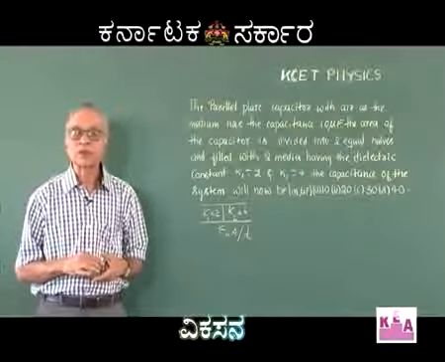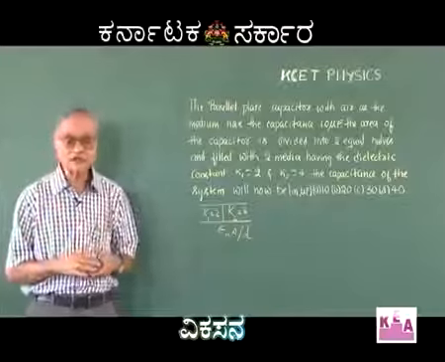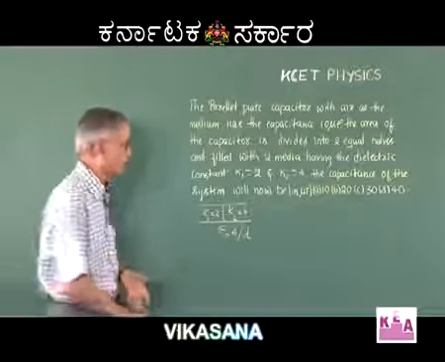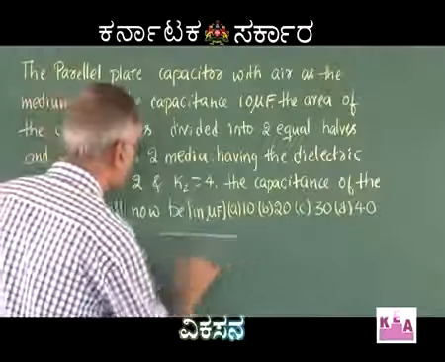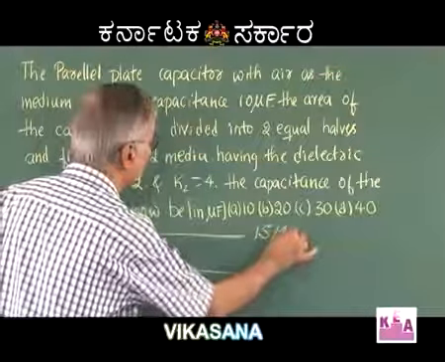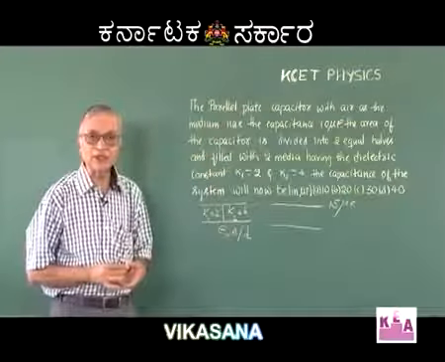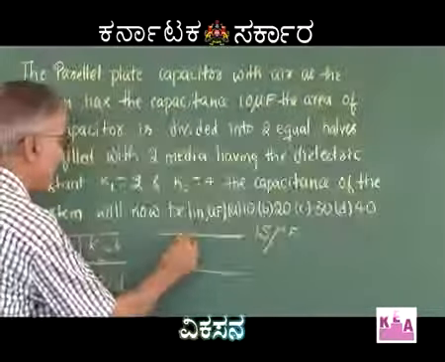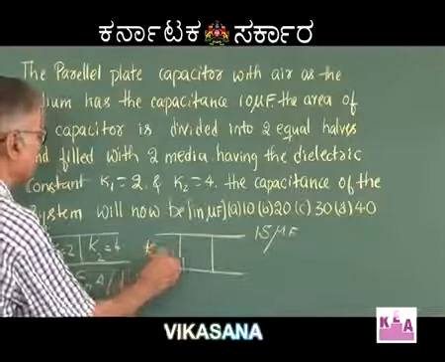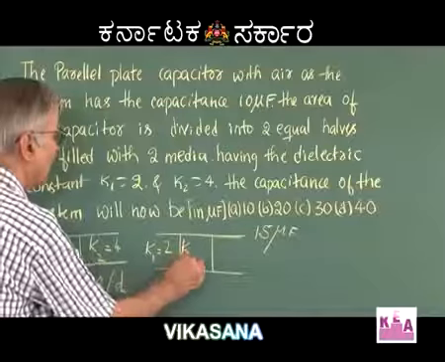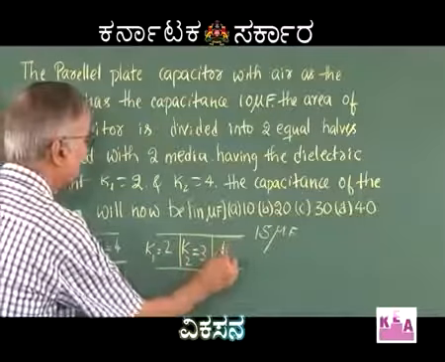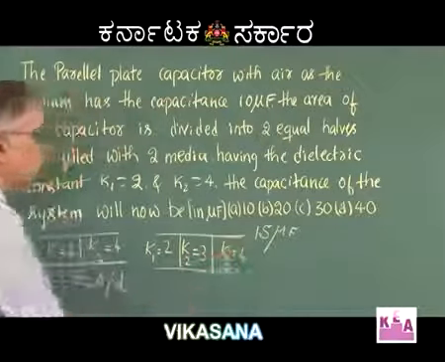In this question, to make it a little more clear, let us now take up a next question and work it more quickly. Suppose the question was, there is a parallel plate condenser with a capacity equal to 15 microfarad. It is divided into 3 equal parts, and the first part is filled by a dielectric medium of dielectric constant 2, the second one by a dielectric medium of dielectric constant 3, the third one by a dielectric medium of dielectric constant 4.